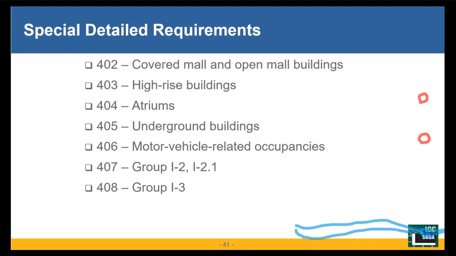So that's why Chapter 4 contains the specific requirements identified based on use, not just specifically occupancy. So a building used as a covered mall, an open mall building, that's how it's used, but it's mercantile occupancy.